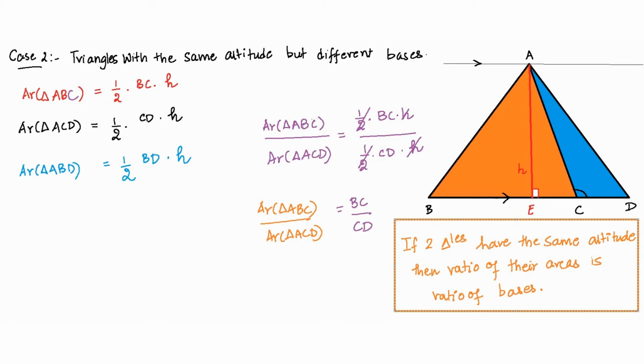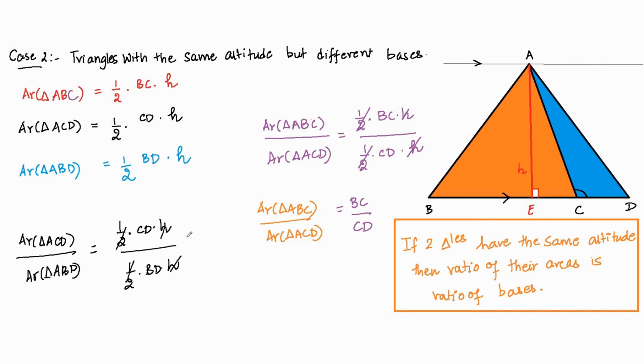By the way, let's also find some more ratio of areas here. So let's take area of triangle ACD divided by area of triangle ABD. If I take this ratio, it's going to be half into CD into H divided by half into BD into H. Half cancels, H cancels.